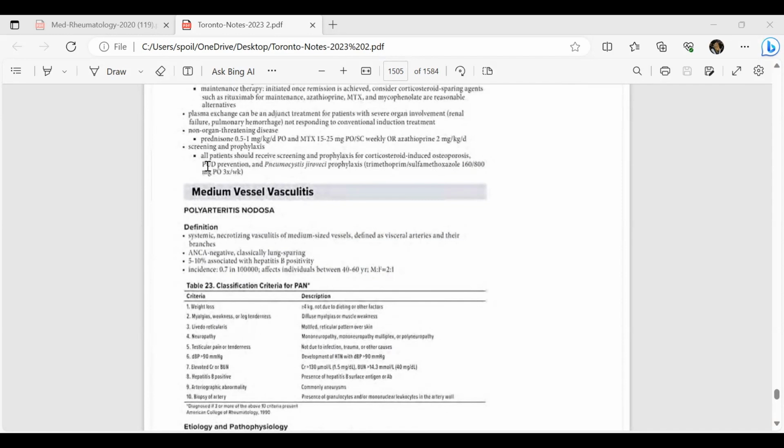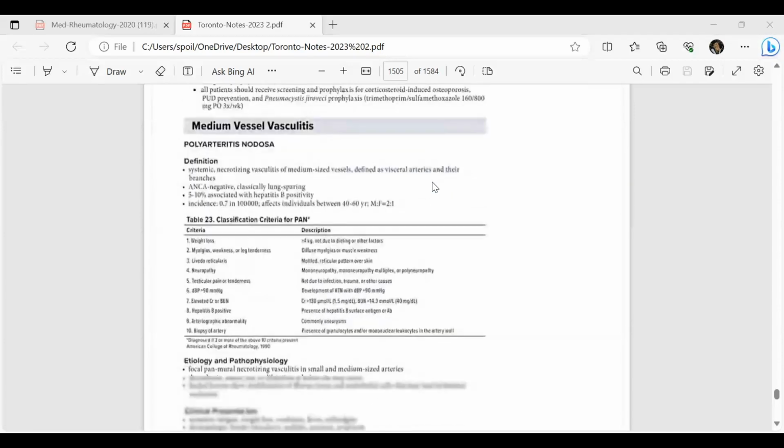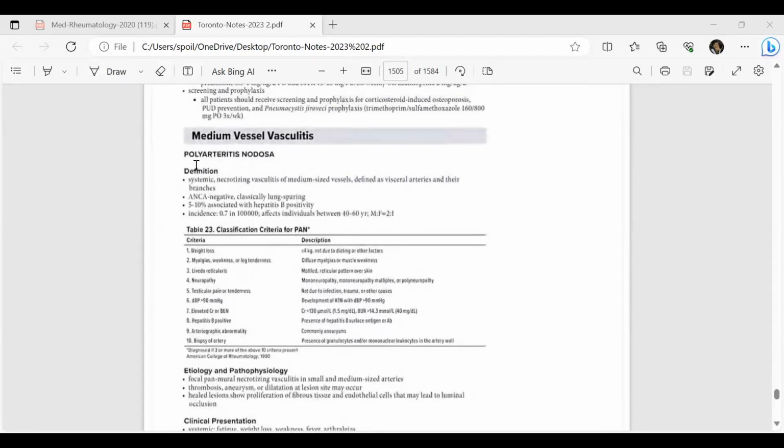Screening and prophylaxis is very important in all the patients because of corticosteroid-induced osteoporosis and peptic ulcer, so ulcer prevention, and for pneumocystis we give trimethoprim-sulfamethoxazole.